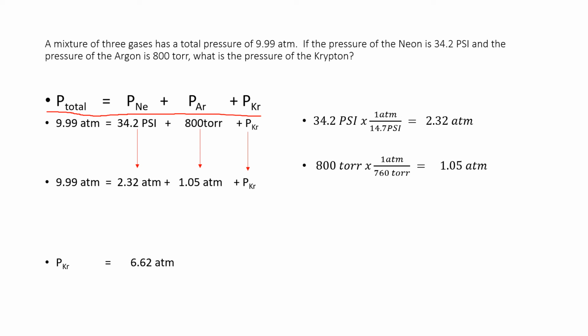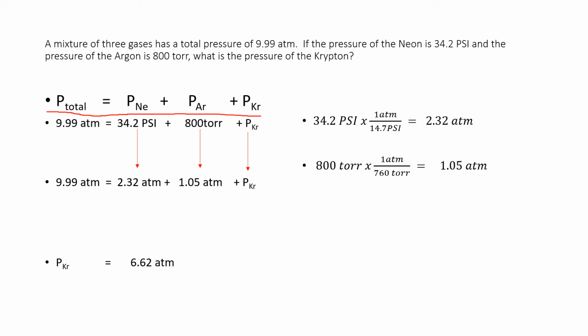Now that we have things on the page, we can actually start doing some manipulations. But before we can do any manipulations, we have to make sure that we're in a common pressure unit. Sometimes the problem will tell you what pressure unit to report your final answer in. Other times it gives you a little bit more freedom.